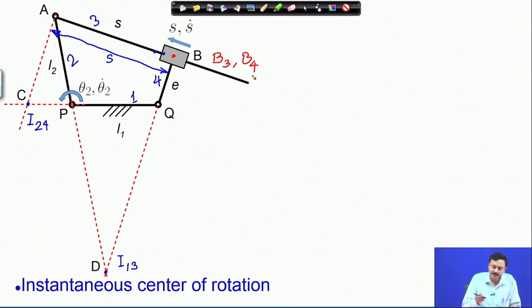So, the relative velocity between B3 and B4 is S dot. S dot, you should remember, is the velocity of B3 relative to B4.